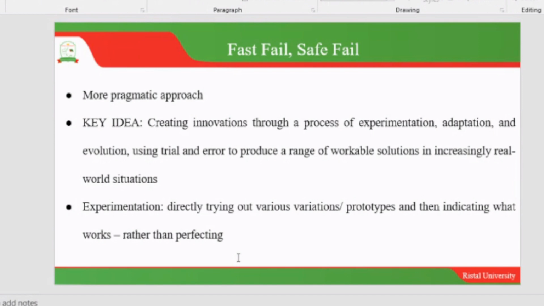So in this case, it is basically what most entrepreneurs in our setting do, that in experimentation you directly try out various variations or prototypes.